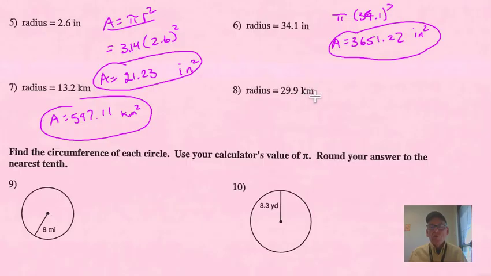And here we have a radius of 29.9 kilometers. So radius squared times pi is going to be our area. So I'm going to do 29.9 squared, and that goes times pi. Gives us 2807.14. And we're dealing with kilometers squared.